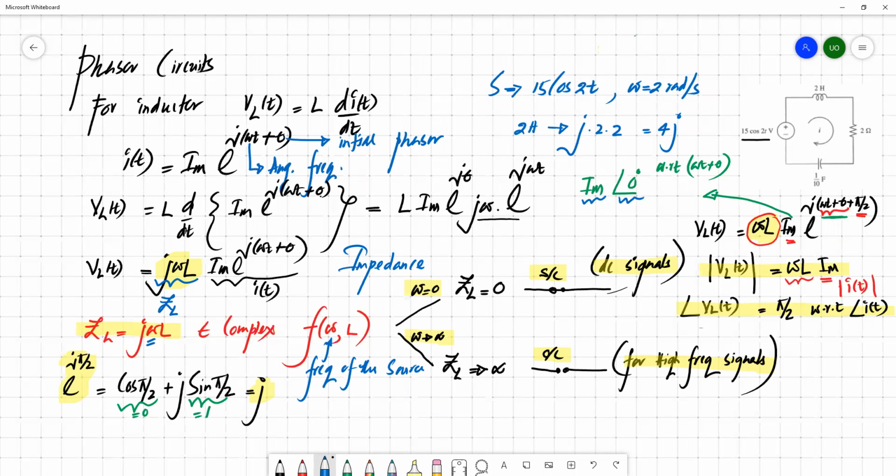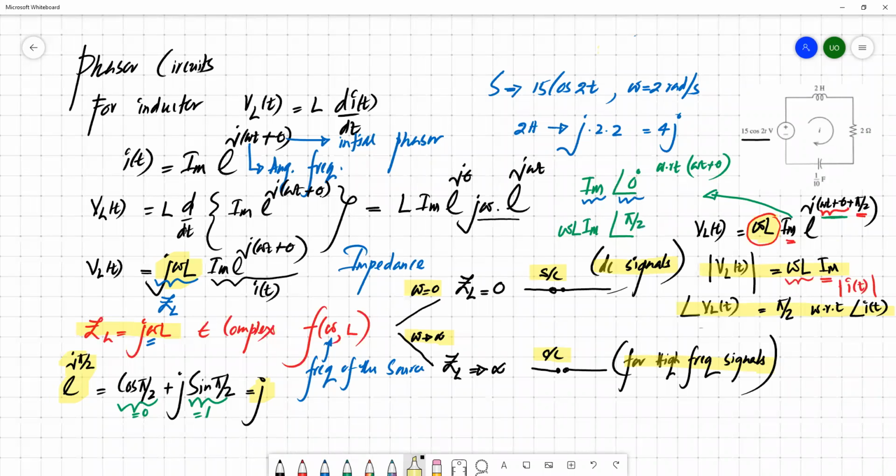With that reference, your additional phasor is 0. So with respect to this Im at an angle of 0, we can give the voltage as omega L Im. This is the magnitude of the voltage, and the phasor is pi by 2 with respect to the current phasor, omega t plus theta.